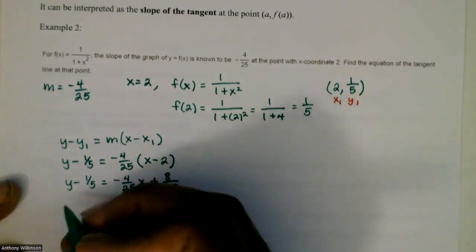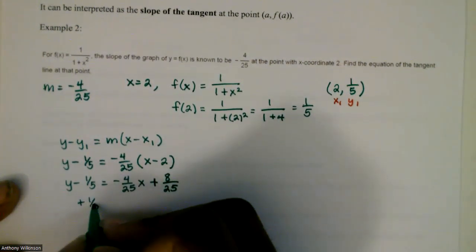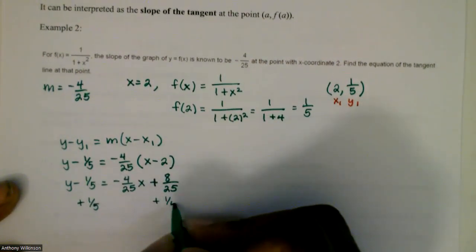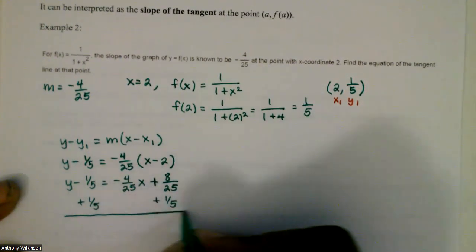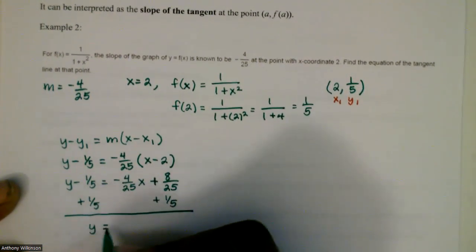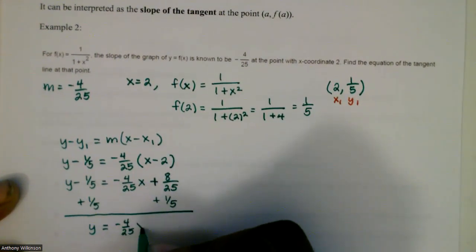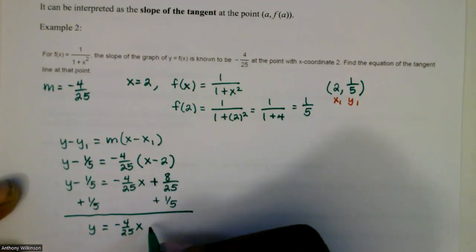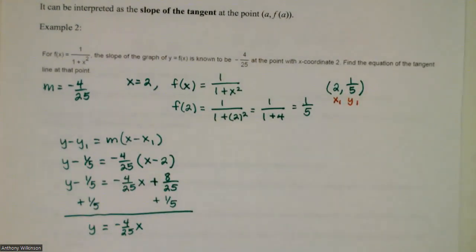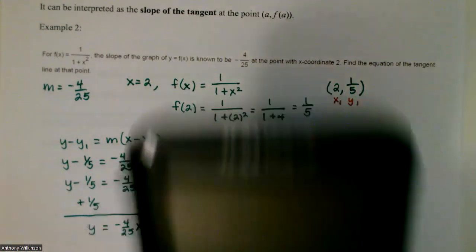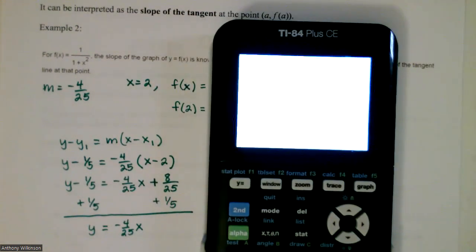And then to solve for y, we're going to add 1/5 to both sides of this equation. So that means I'll have y is equal to negative 4/25 x, and then 8/25 plus 1/5 can be done in the calculator.